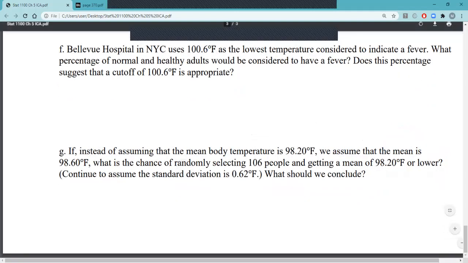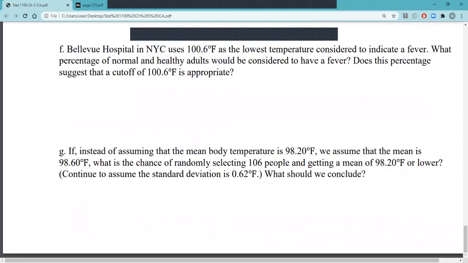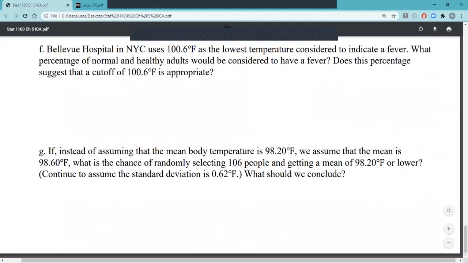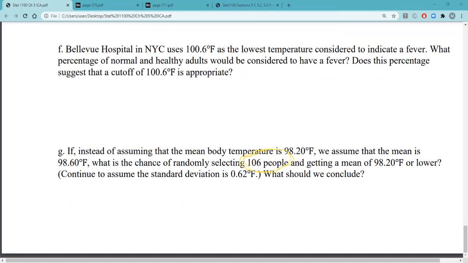In this next one, notice here that we're asked, what is the chance of randomly selecting 106 people? So right away, I look through and say, okay, am I being given a sample? And here I am. Since I'm being told a sample, I know I want to use the CLT.